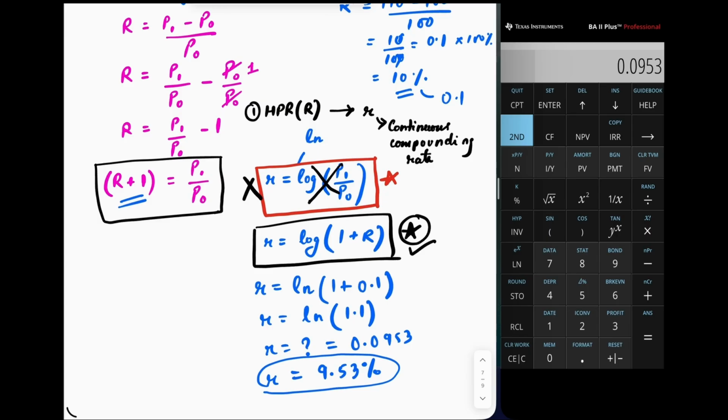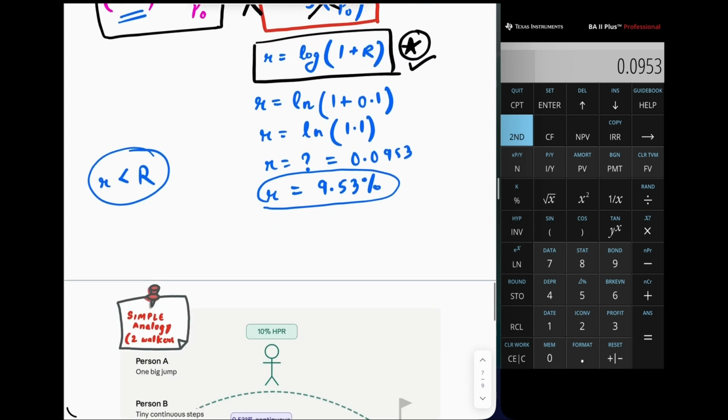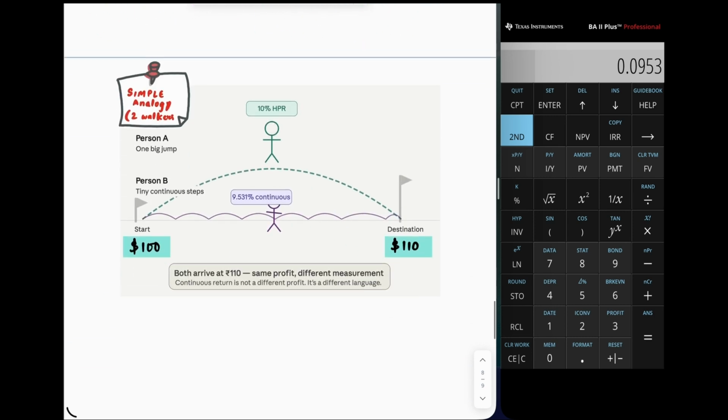So why is this continuous compounding lesser than your holding period return? In our case, r is smaller than big R. To explain what exactly continuous compounding is, let me present a simple analogy.